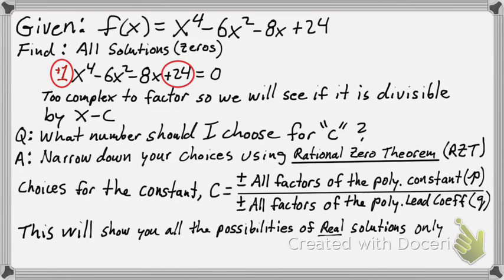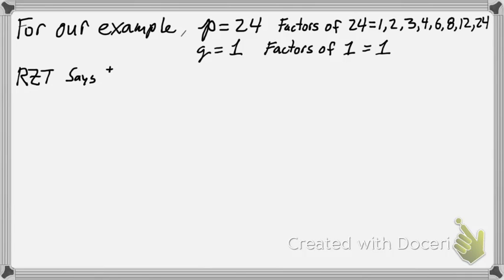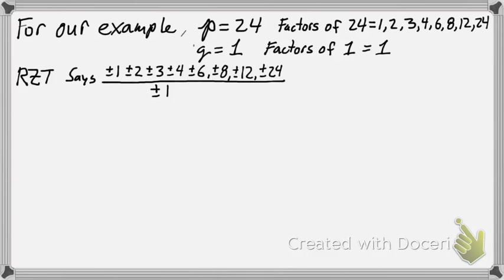This technique and all these different choices for c that it gives are for real numbers only. It's not going to help us with those complex or imaginary roots. These are all of our possibilities from the rational zero theorem of possible values of x that will render the polynomial function zero.